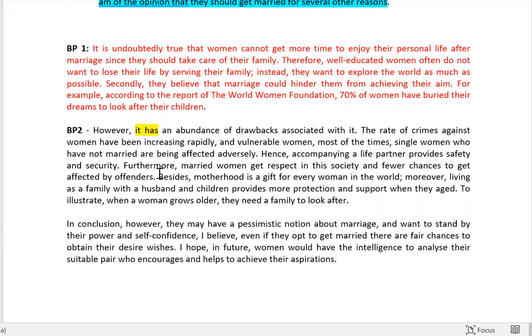So again, why they are not getting married is not answered. Besides, mother is a gift for every woman. So many ideas, so many ideas, but no idea is to the point. So this one is the challenge basically.